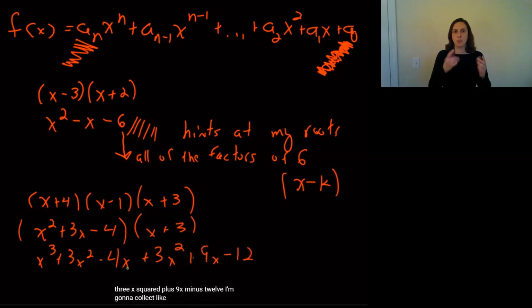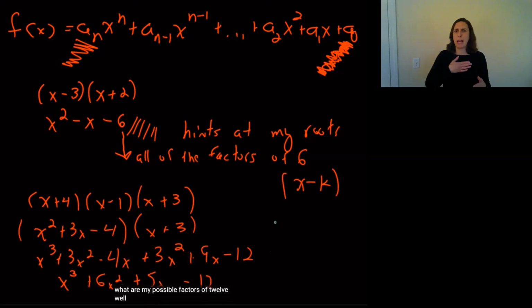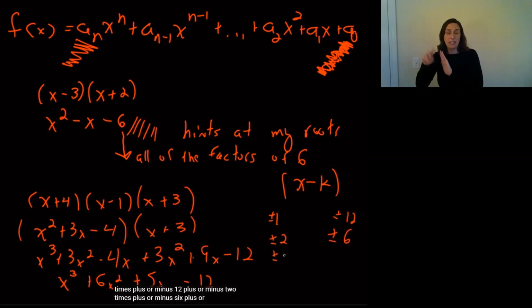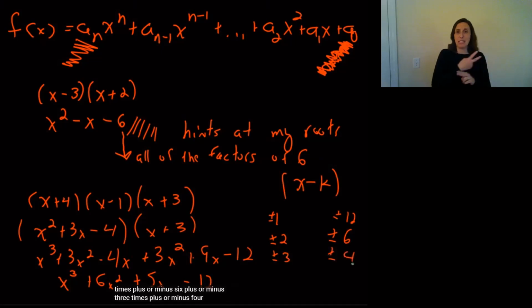I'm going to collect like terms. So x cubed, 3x squared and 3x squared is plus 6x squared. -4x, 9x is positive 5x, minus 12. Well, what are my possible factors of 12? Well, 12 has factors of plus or minus 1 times plus or minus 12, plus or minus 2 times plus or minus 6, plus or minus 3 times plus or minus 4.